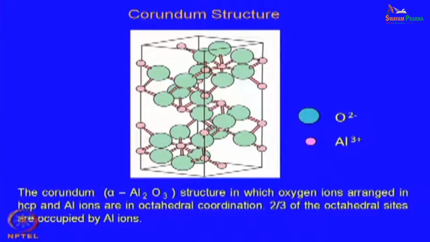The molecular formula is Al2O3. Therefore, the fraction of octahedral sites occupied by aluminum ions is actually 2/3, because the ratio is 2/3. So, 2/3 of the available octahedral sites are occupied by the aluminum ions, whereas 1/3 remain vacant.